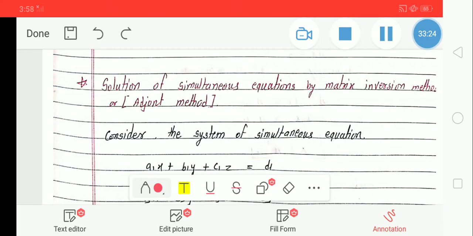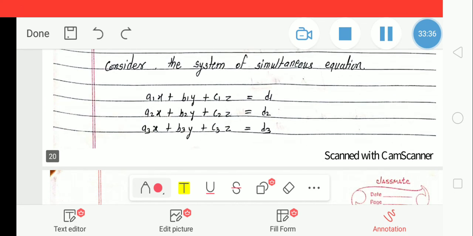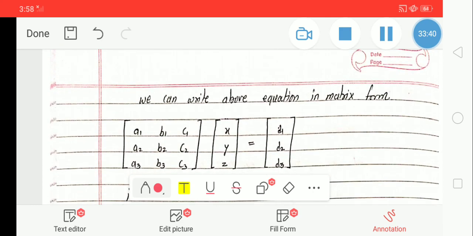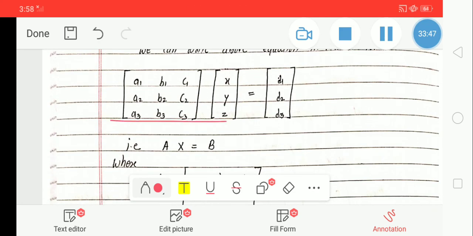Solution of simultaneous equations by the matrix inverse method or adjoint method. How to find it? Consider a system of simultaneous equations. Now this is the equation. We can write the above equation in matrix form, in this way.